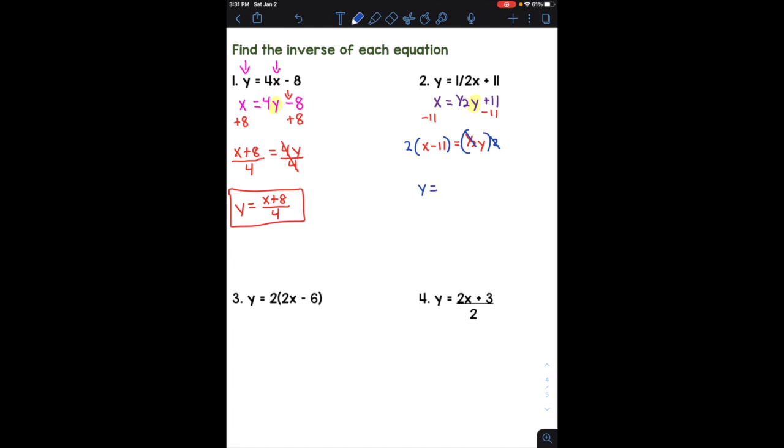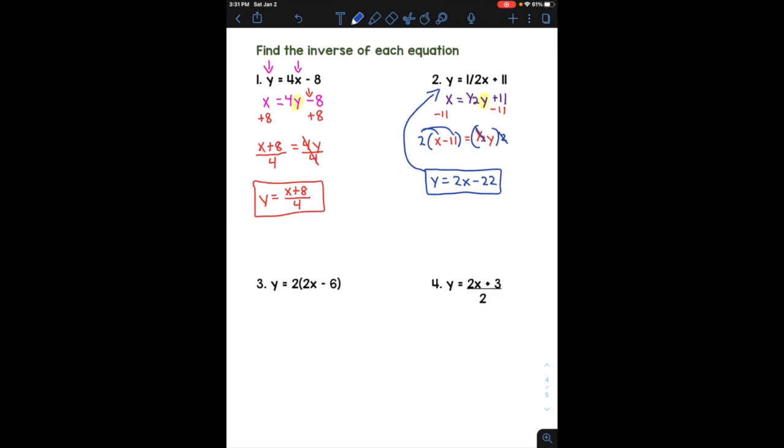And 2 times the entire left side of the equation, we're going to distribute to get 2x minus 22. Now that the y is all alone, we solve for y again. This equation here is the inverse of our original equation.